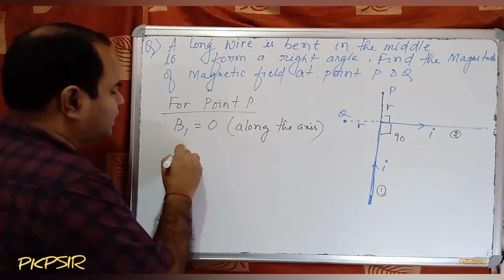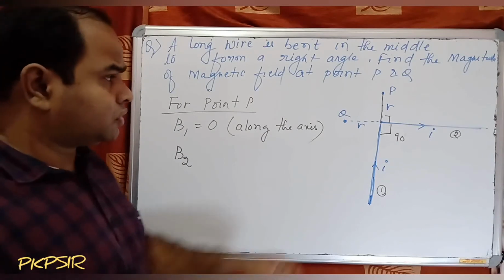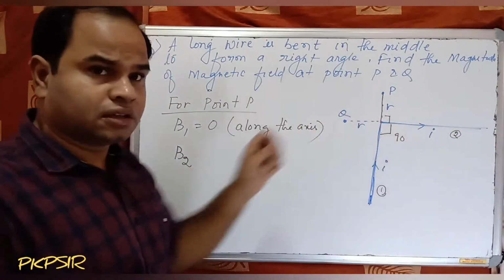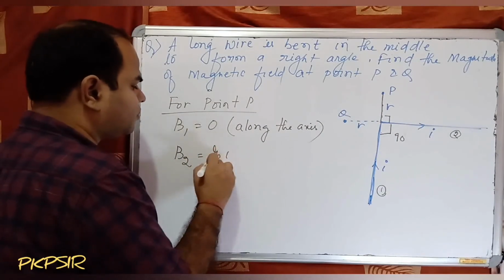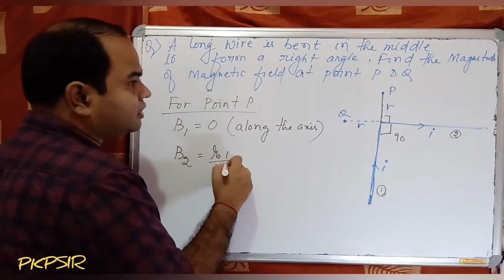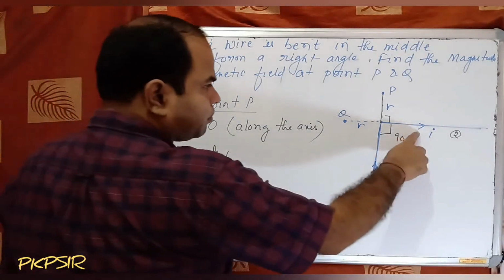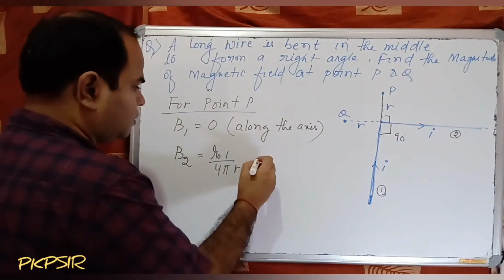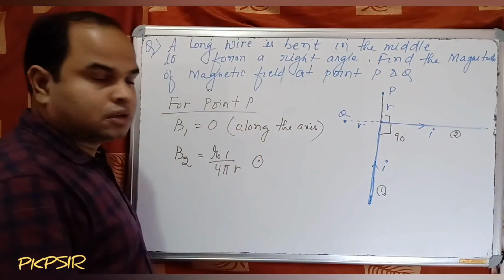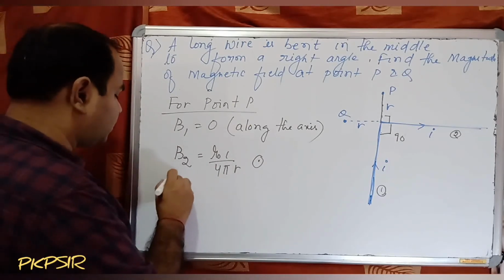So let us say B2 is the magnetic field produced at point P due to the second conductor. It is semi-infinite, so that is mu naught I by 4 pi, distance is r. What is the direction? The current is in this direction and point P is here, so the direction is outward.